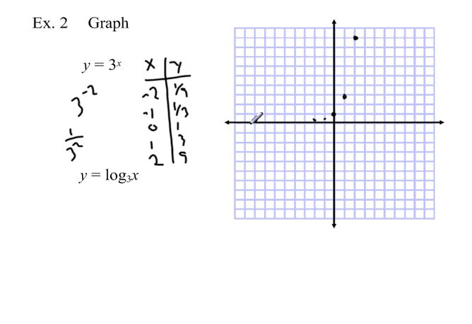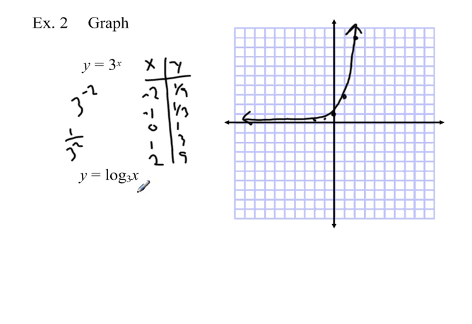Now these exponential curves always follow this same basic format. In this case, the x-axis is an asymptote, meaning this curve will approach that axis but never touch it. This graph does go up on and on forever. We could put a number like 10 in here and we get something infinitely high up above. But there is your graph of y equals 3 to the x.